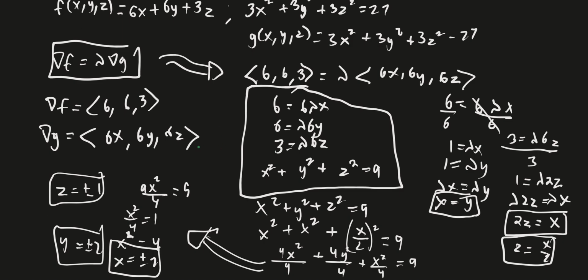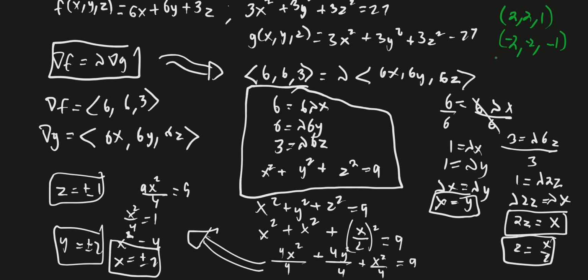Let's see the possibilities. I'll write them here. x and y need to be equal to each other. So we have 2, 2, and then z has to be x over 2. In this situation, 2 over 2 is 1. And next we have negative 2, negative 2, and then x over 2, which is negative 2 over 2, which is negative 1. Anything else?